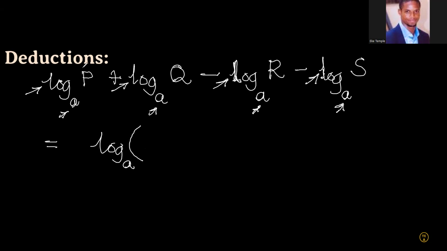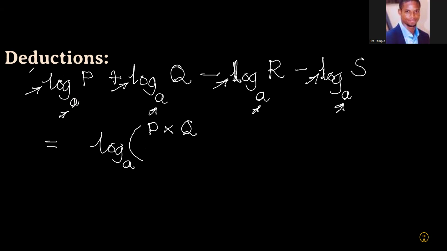All logarithms with positive values, positive logarithm to base A of P, positive logarithm to base A of Q, will occupy the numerator. So P will go ahead and multiply Q in the numerator, being positive.